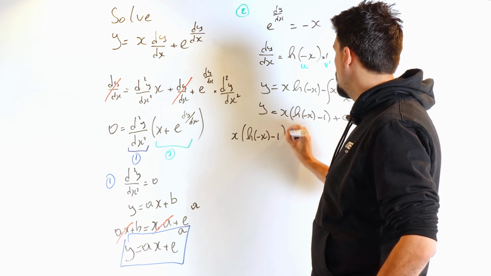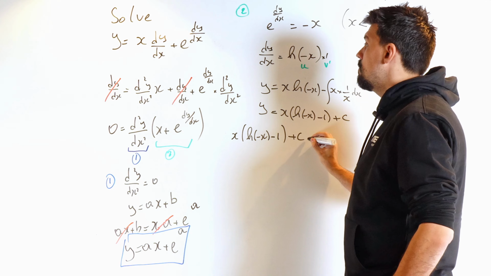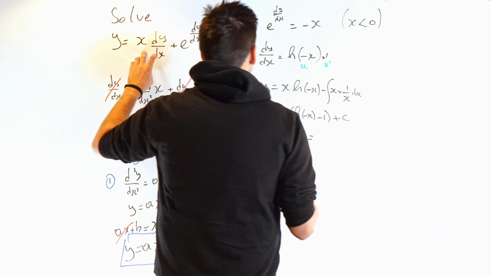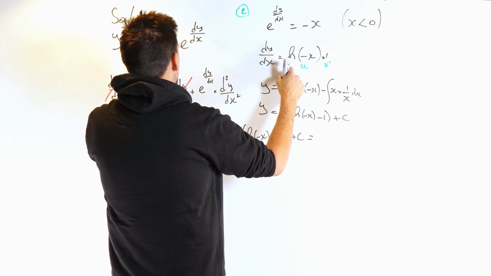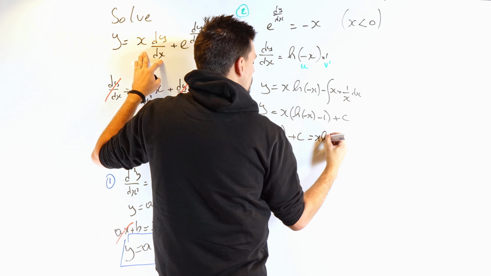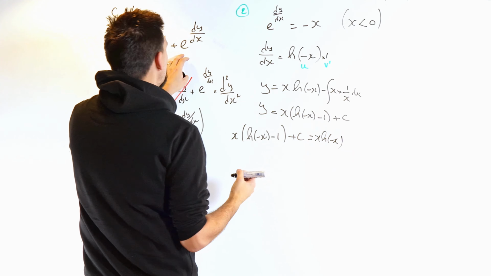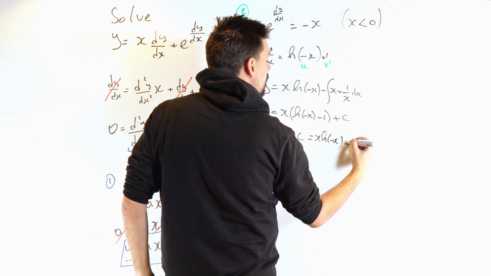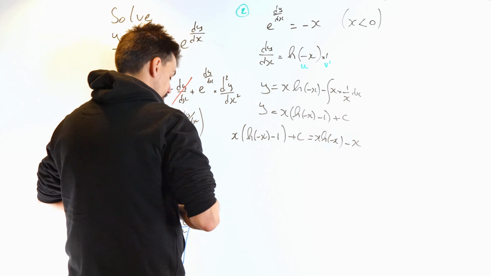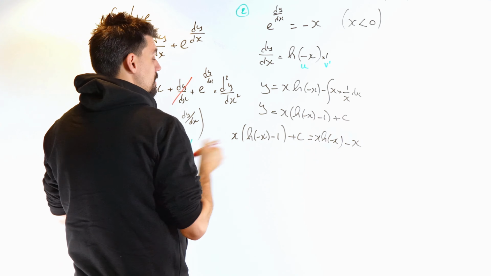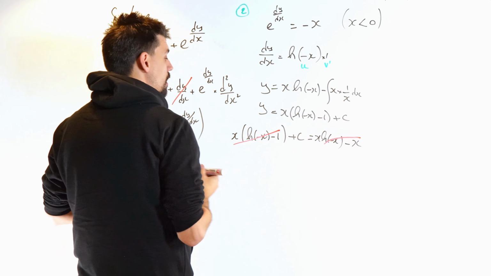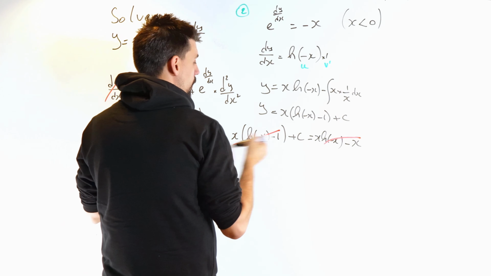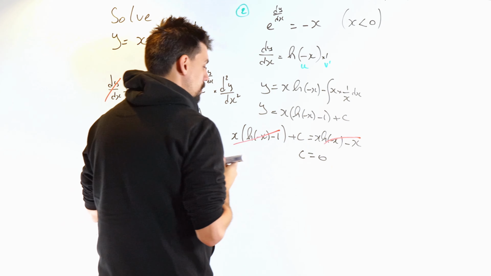x ln minus x minus 1 plus c is equal to x times dy dx. dy dx was ln of minus x. So that's x ln of minus x, so that's nice, plus e to the dy dx, e to the ln of minus x, which is minus x. And what we notice is those cancel out. So we end up with c equals 0.